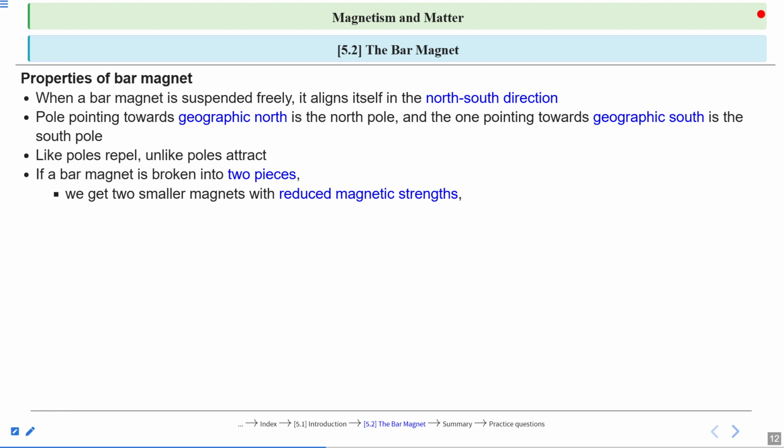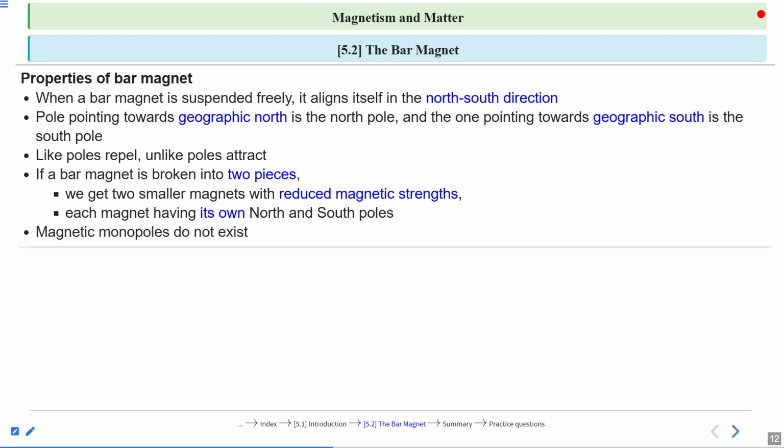We get two smaller magnets with reduced magnetic strengths, and each magnet has its own north and south pole. Monopoles do not exist. Isolated charges exist, but magnetic monopoles do not exist.